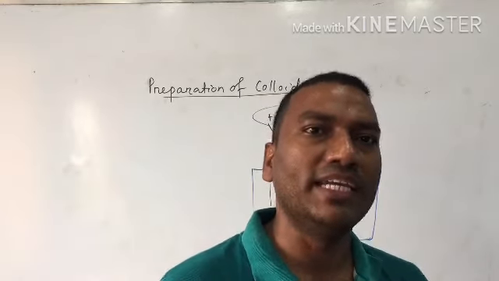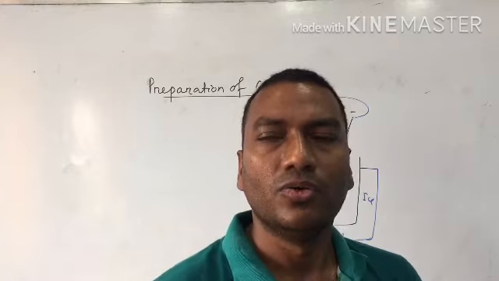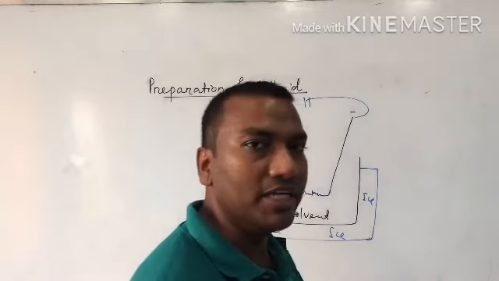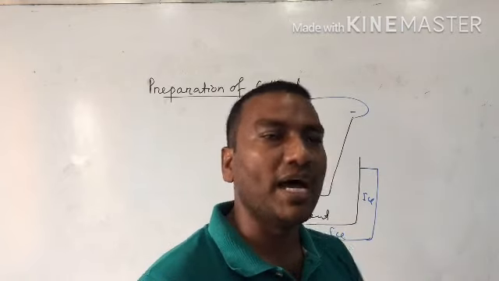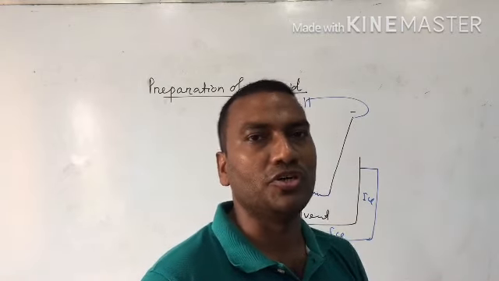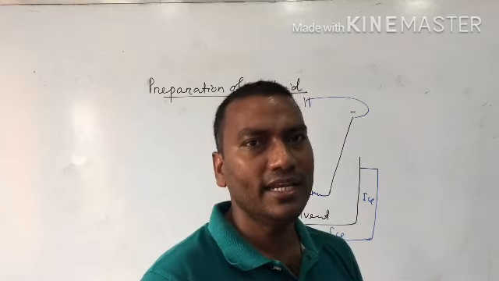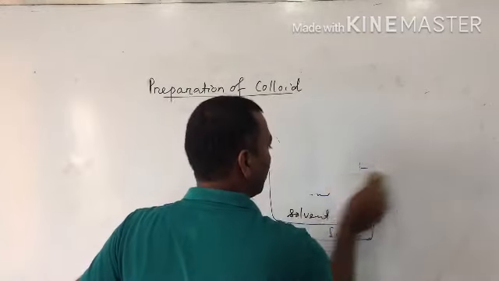Any metal, normally, does not dissolve in the solvent, but when we join it with an arc and pass electricity, it undergoes decomposition, goes into the solvent and forms the colloidal solution. Clear now? This is our second technique.